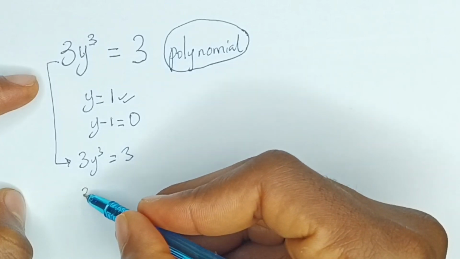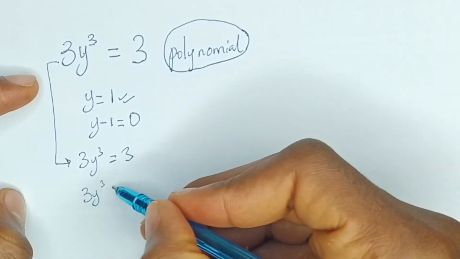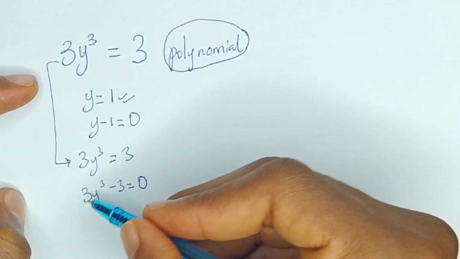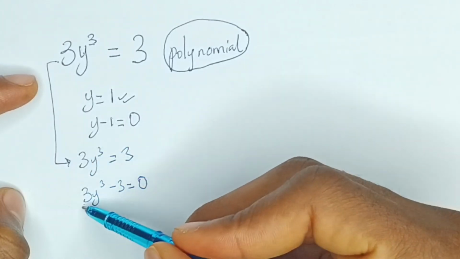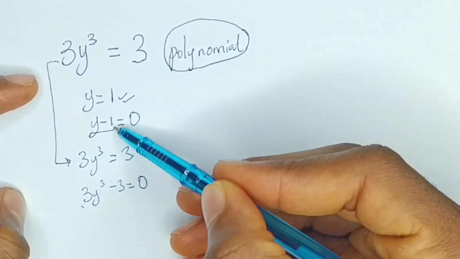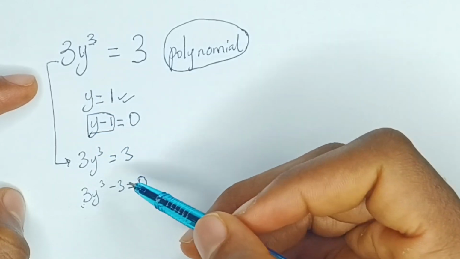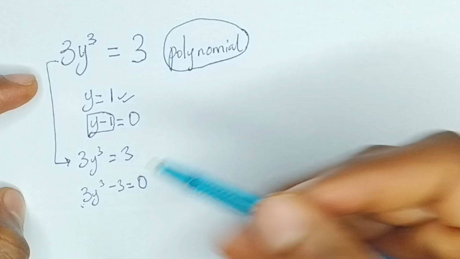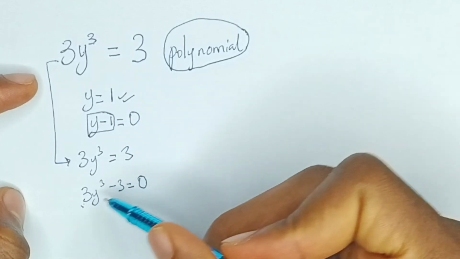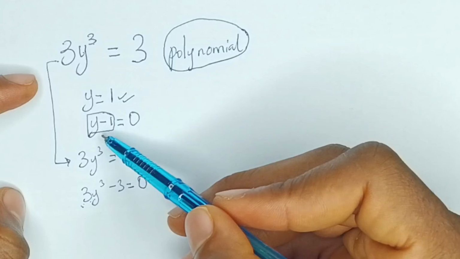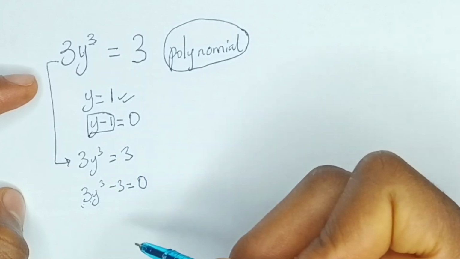Hence, we have that 3y raised to power 3 minus 3 is equal to 0. This being the equation, if I divide this equation by one of the factors, which is y minus 1, it means that invariably I should have the two other factors. Let me repeat what I said. If I divide this equation, 3y raised to power 3 minus 3 equal to 0, by y minus 1, it would give me the other two factors.